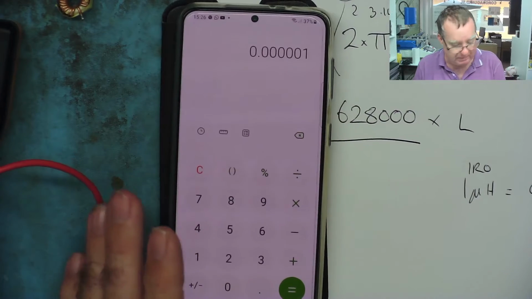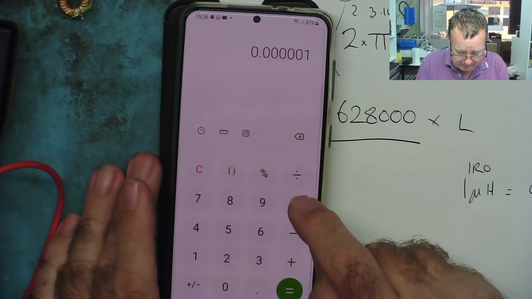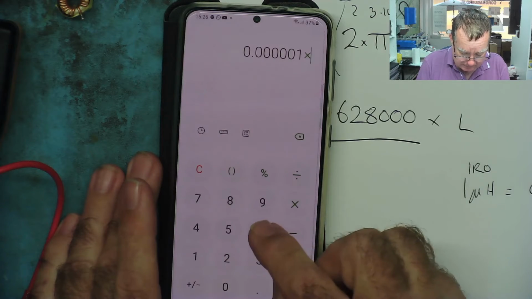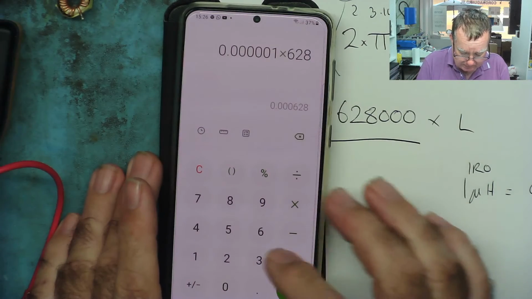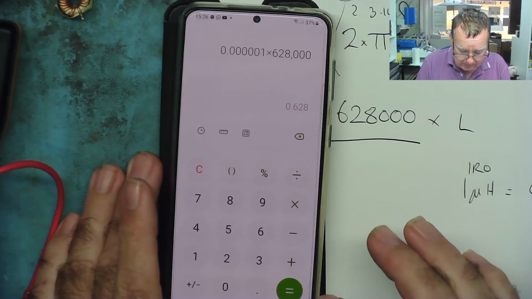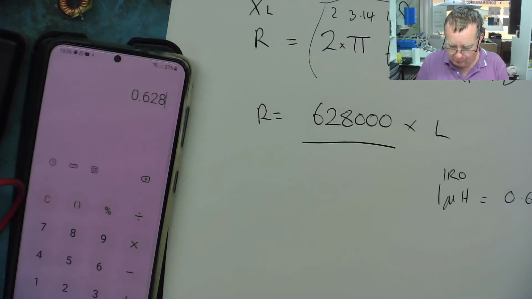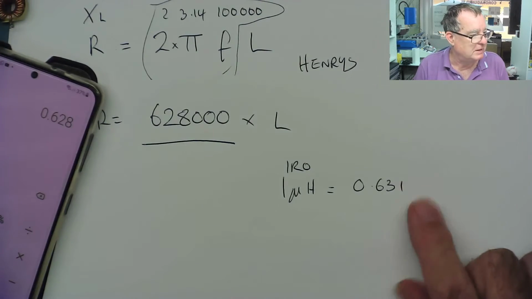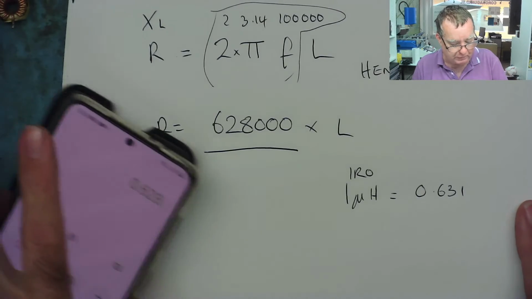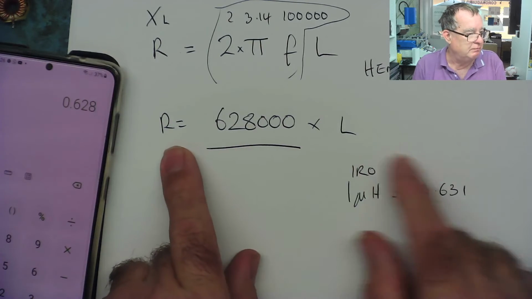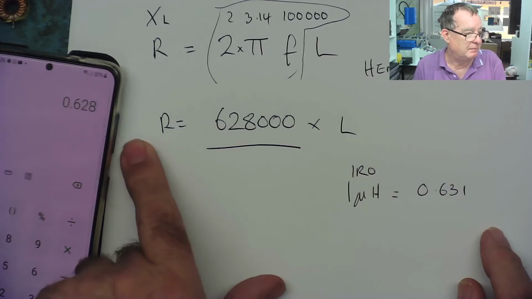And we multiply it by 628,000, and it comes to 0.628, and that's almost exactly what we measured, 0.631, okay, in ohms. Okay, so we know that our meter was reading that 1 microhenry coil correctly, yeah?